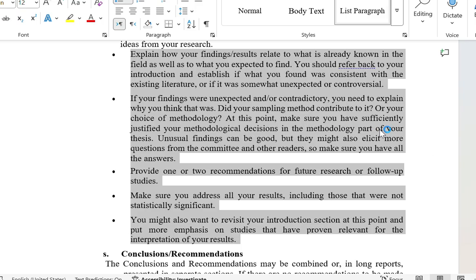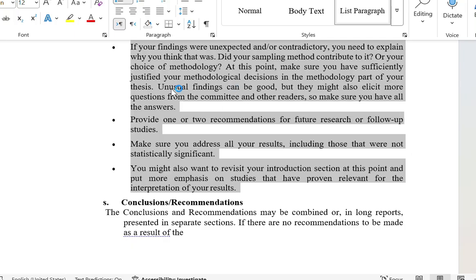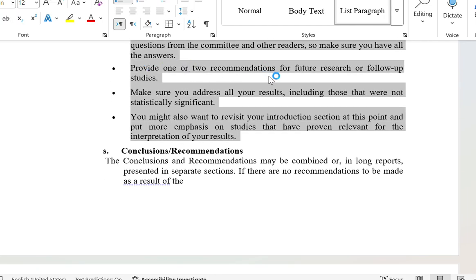At this point, make sure you have sufficiently justified your methodological decisions, why you took this methodology and why it gave you this result, and so on. This is usually for those theses which are designing a protocol. This methodology is not for your thesis. Provide one or more recommendations, like what you think can further be done in the future on your thesis.